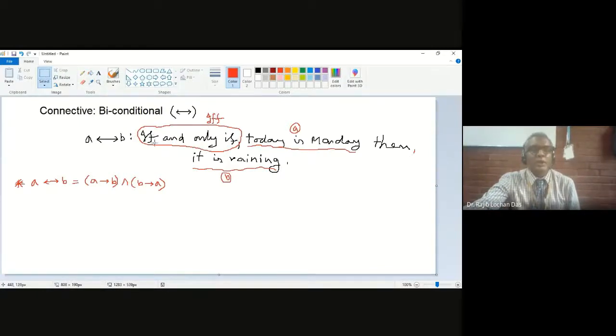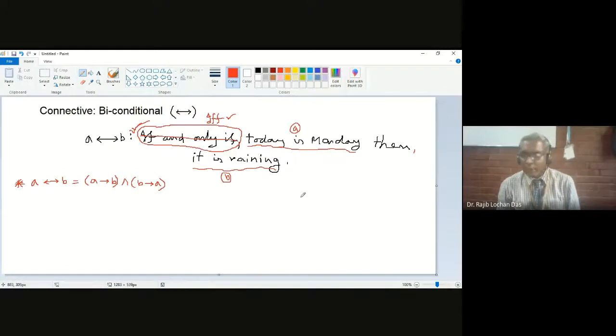So you can write IFF, today is Monday, then it is raining, and everybody will understand you actually mean that it is biconditional, if and only if. I will suggest that in the exam you write if and only if, not IFF. It is possible to write IFF, but if you write the whole thing, it will be better.